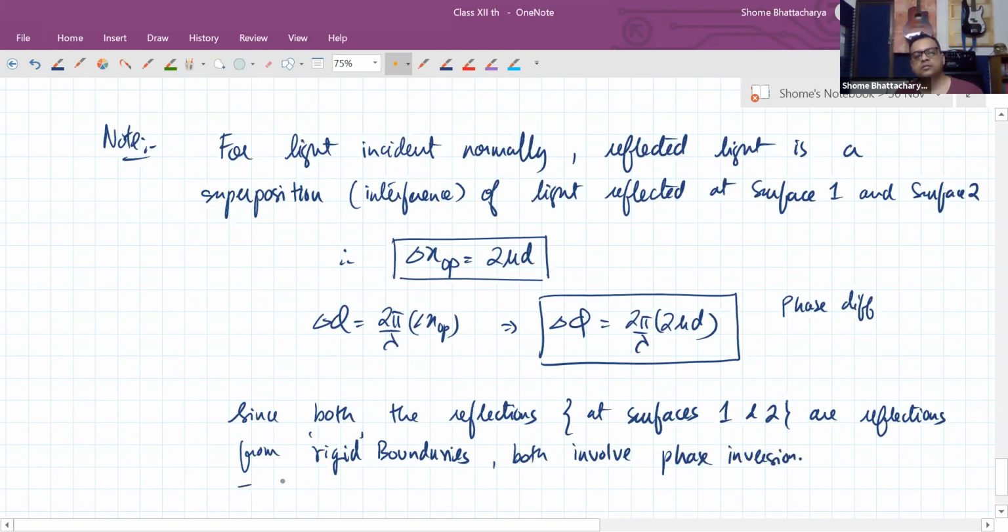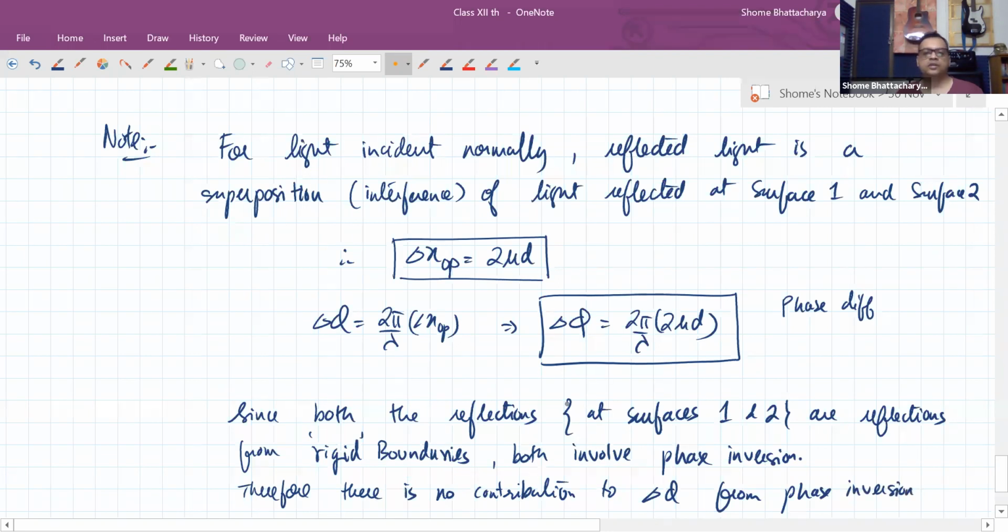Okay. Therefore, there is no contribution to the phase difference delta phi from phase inversion. Okay. So that's why the net phase difference is just 2 pi by lambda into this.